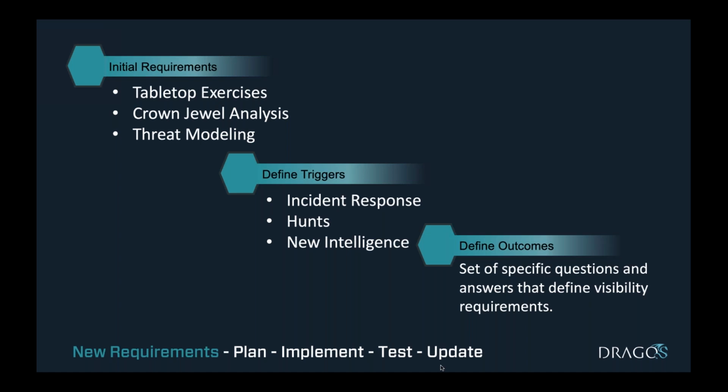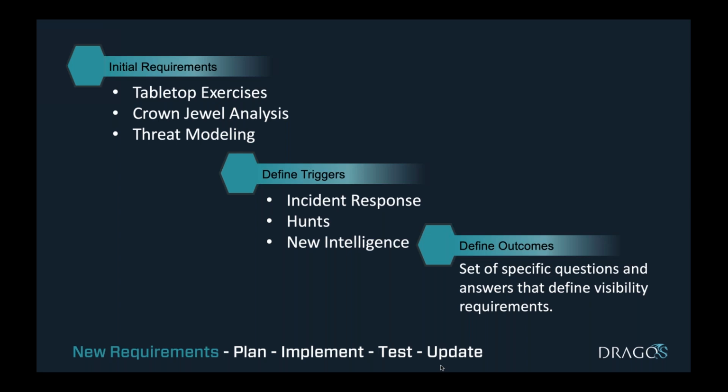Once you have these lists of requirements and you understand, for instance, a new requirement such as being able to detect PowerShell execution within a supervisory network, that moves into the rest of the cycle.